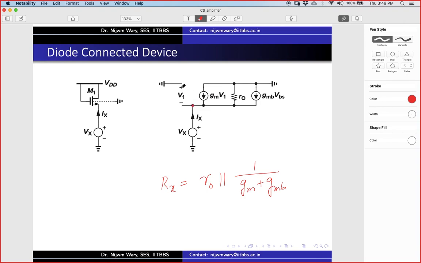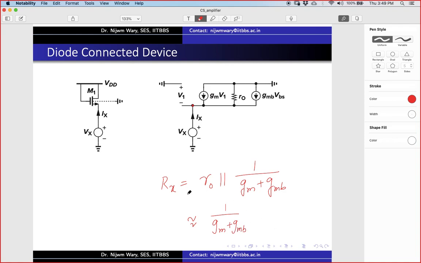So V1 is minus Vx, and this VBS is also minus Vx. So the impedance is RO parallel 1 by GM plus GMB, which is nothing but again 1 by GM plus GMB.